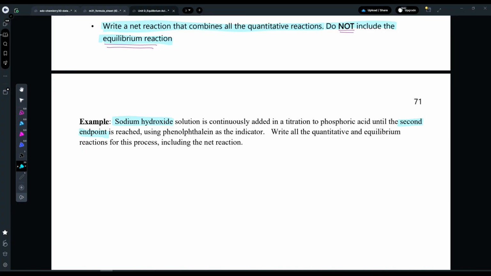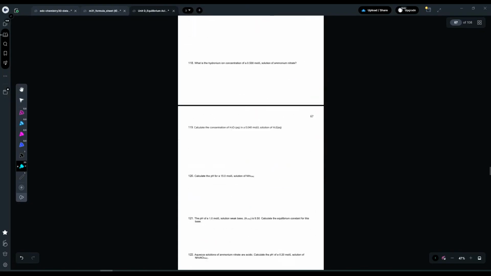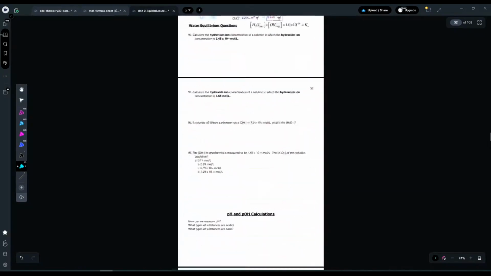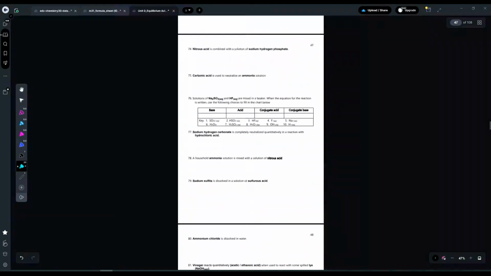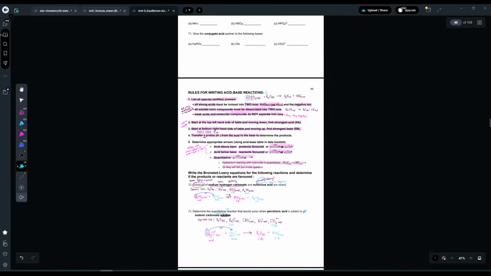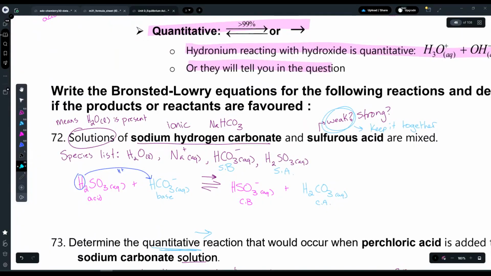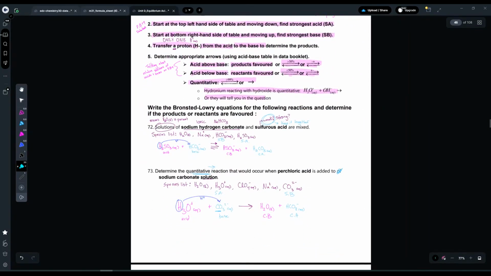Okay, so to get questions like this started, it's going to start off extremely similar to what we did on page 46. So I'm just going to show you that really quick. Here we started off with a species list and then we identified our strongest acid and our strongest base based off of their positions in our data booklet on page 8 and 9.